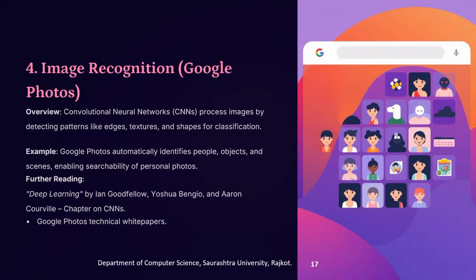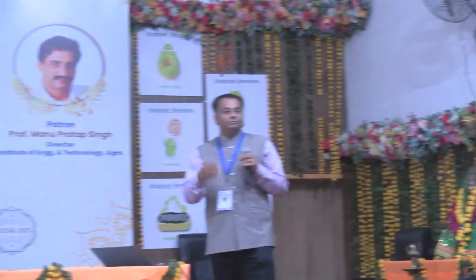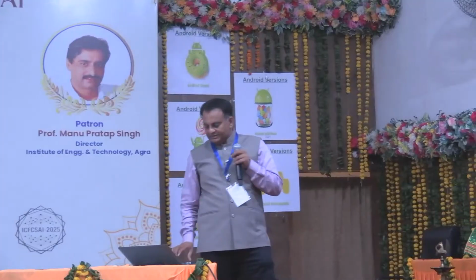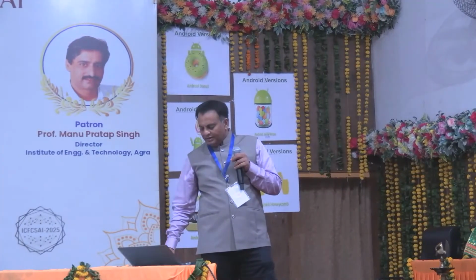You can read one good important paper, Deep Learning by Goodfellow, and there is also a Google Photos technical white paper. A technical white paper is a company publishing a technical paper on how Google Photos is searching. That white paper talks about Google images.